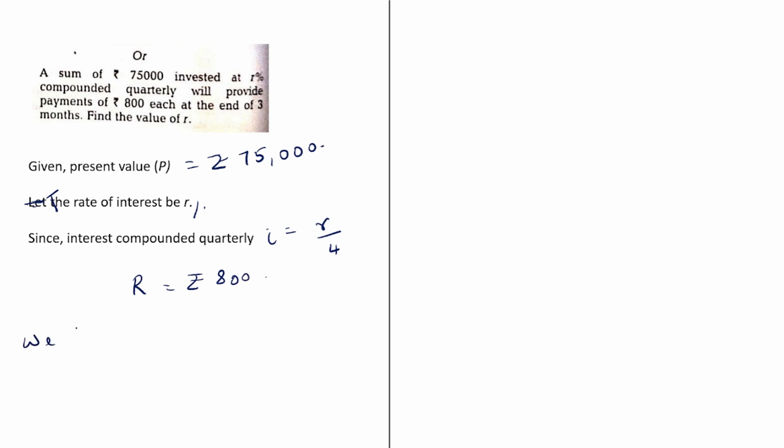So we have the present value of perpetuity given by P is equal to R by I. Here we can see that the payments are made at the end of each 3 months, that is the end of each quarter. So we have P equal to R by I. P is 75,000. This is equal to R is 800 upon I is R by 4.